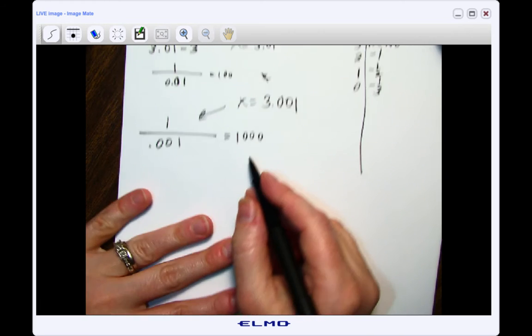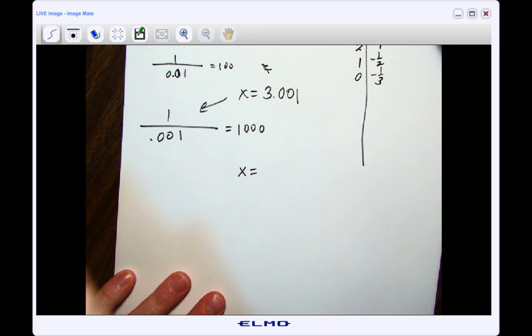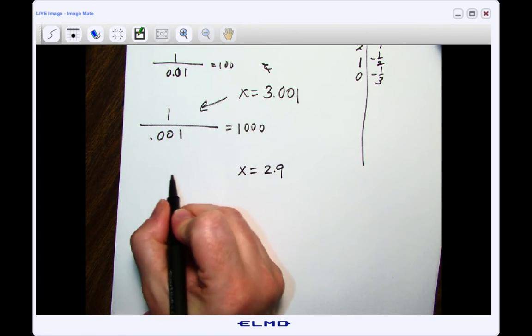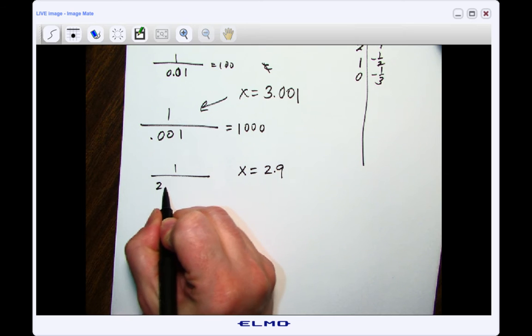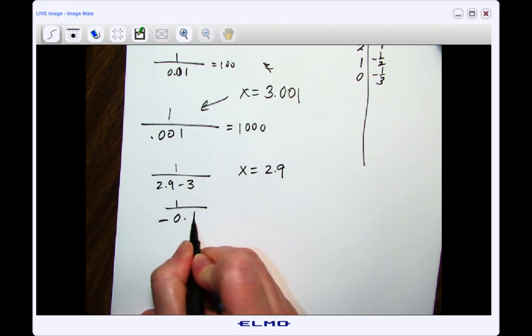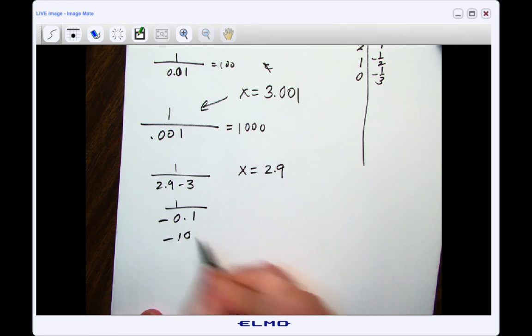And it would actually work if I did it the other way. If I pick a number on the other side of 3, so if I picked like 2.9, right? If I did 1 over 2.9 minus 3, that would actually give me a negative 0.1. So that would be a negative 10.